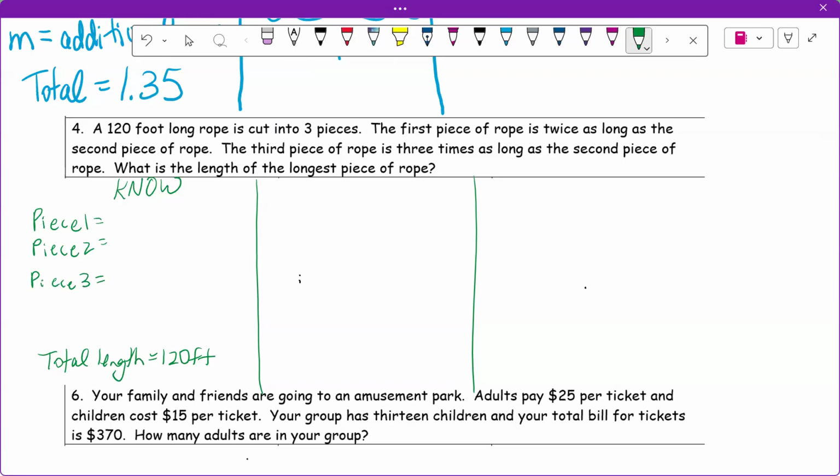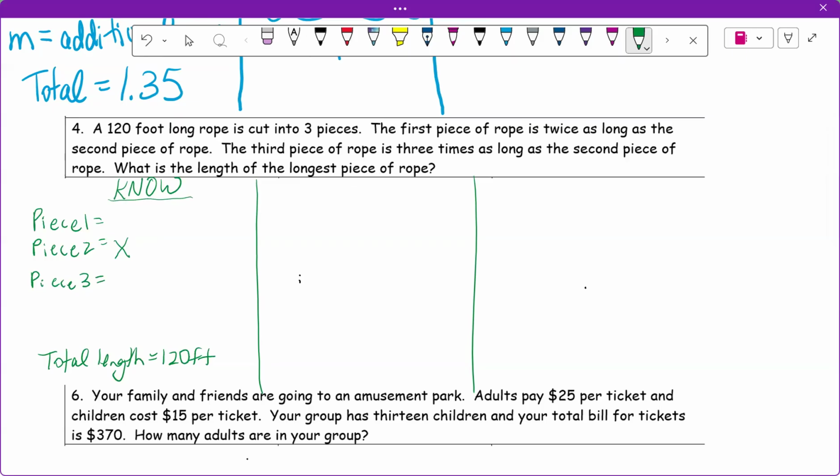Now, if we reread this, we see it tells us something about the first piece of rope, and it tells us something about the third piece of rope. Which piece of rope does it not tell us anything about? The second piece. That's going to be your variable. So X is piece 2, the length of piece 2. And in this case, that means we've already defined our variable.